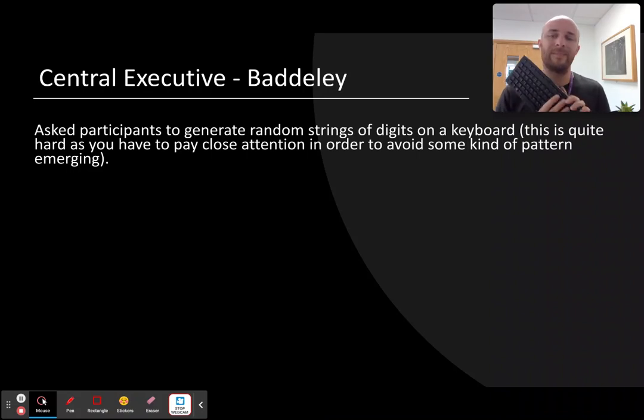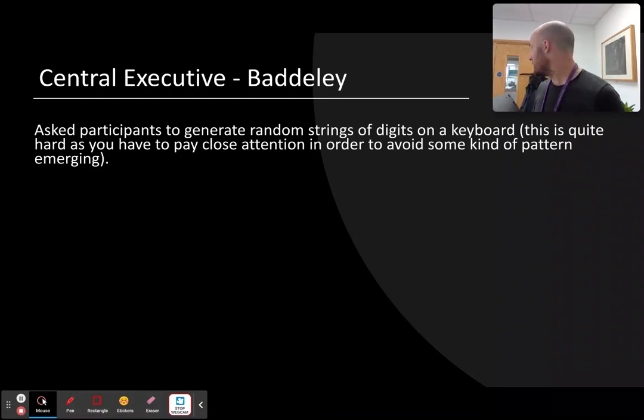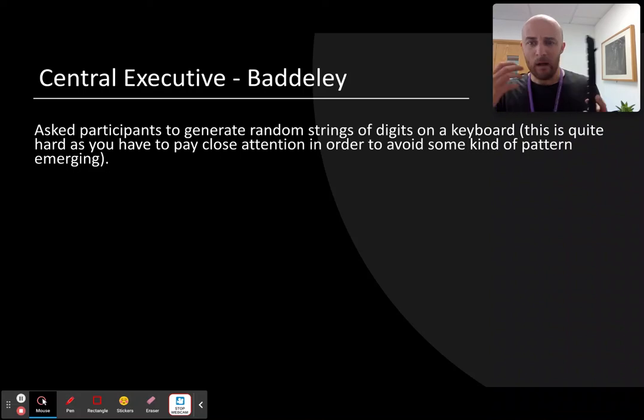So a really important thing to note is that these tasks for this working memory model rely on giving a really odd task, because with odd tasks, like describing the angles on the letter F, for example, nobody can do that off the top of their head. Nobody can do that without thinking.